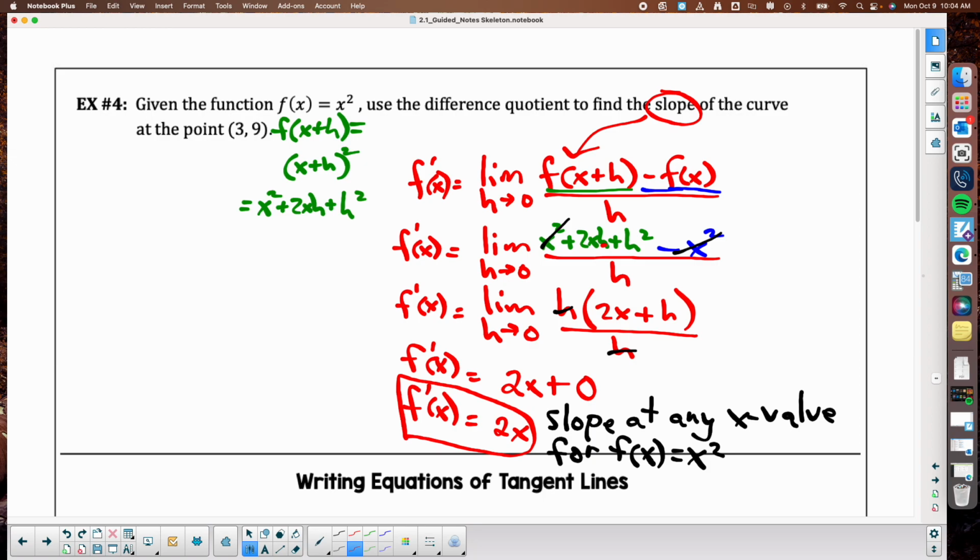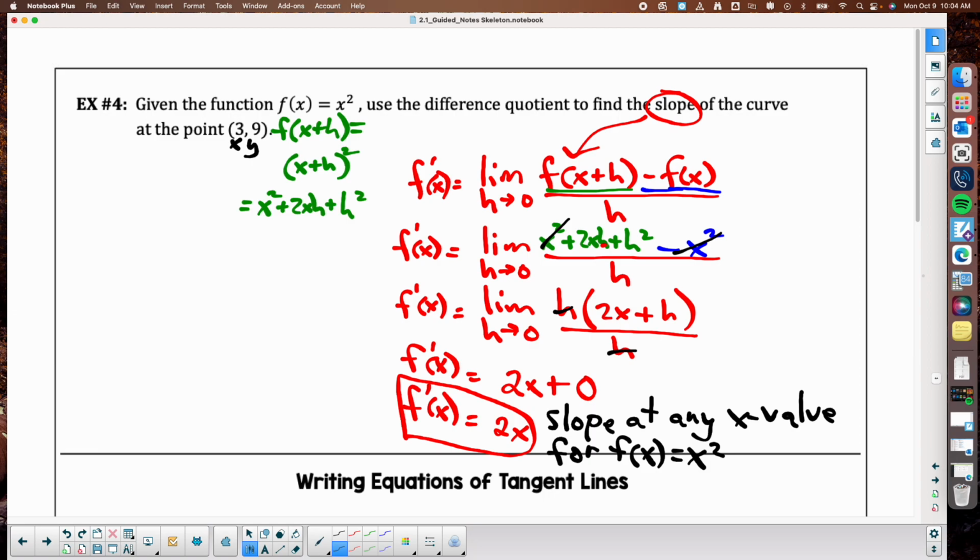This only stands for the slope anywhere on that curve. I specifically want the slope at (3, 9). Now, some people get really thrown off by this. (3, 9) is the x value and the y value. Our slopes only need the x value.